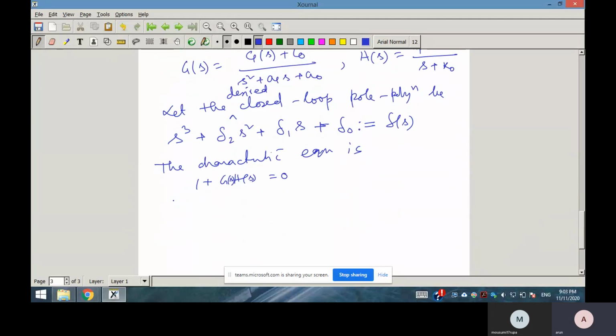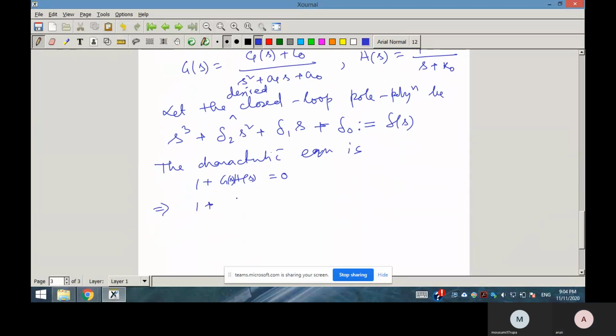If you simplify it, what will be 1 plus G(s)H(s)? You can also write 1 plus G(s)H(s) as a polynomial like this.